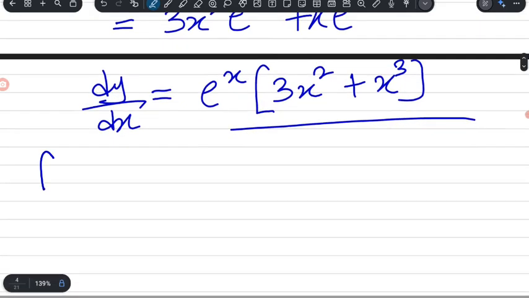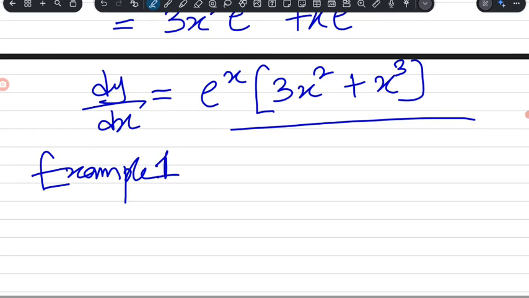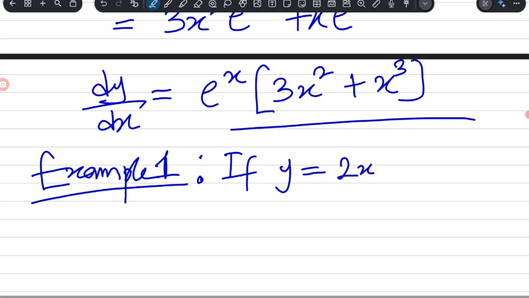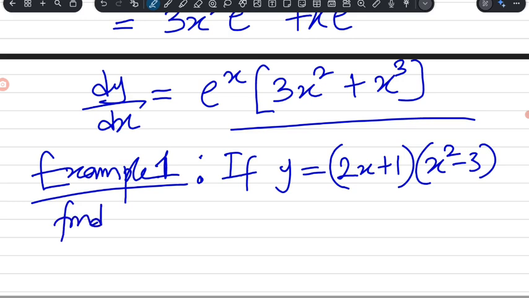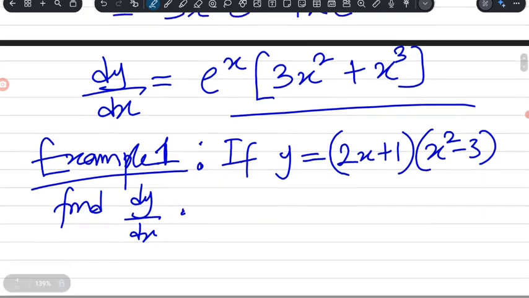We can also have an example 2 that makes this topic meaningful: if y is equal to (2x plus 1) times (x squared minus 3), find dy/dx.